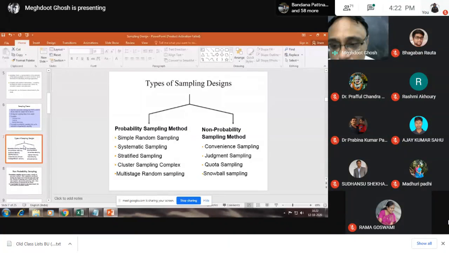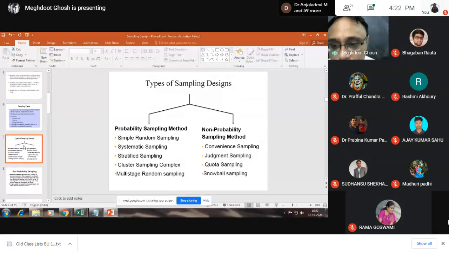Suppose there is a mixture of students in terms of background. There are science students, commerce students, arts students, management students. There are different types of students sitting there, and I am taking a class on statistics. After the end of the class, I randomly pick students and ask whether they have understood or not, whether my content is effective or not. Definitely, the people who belong to an arts background will say that they have not understood anything.